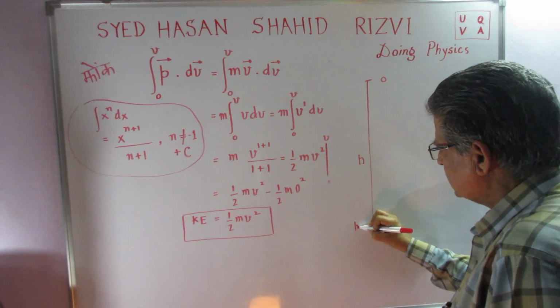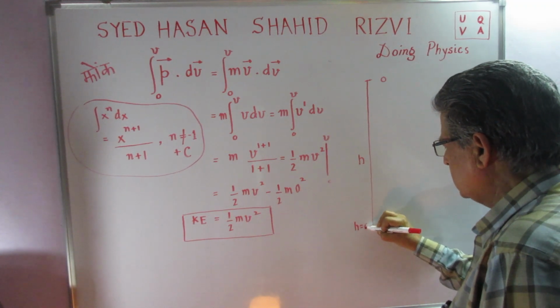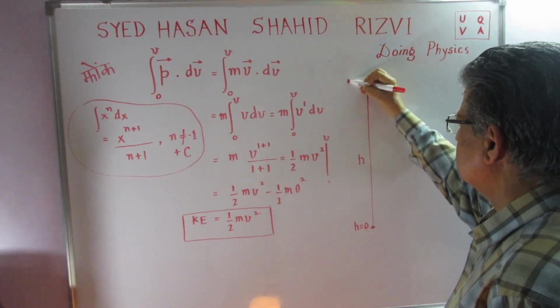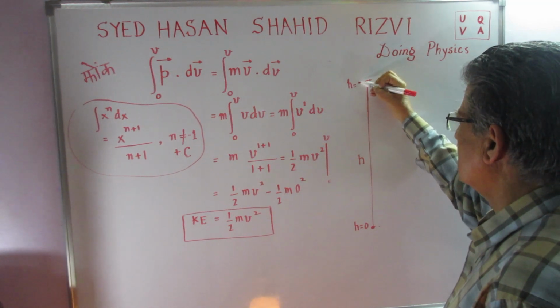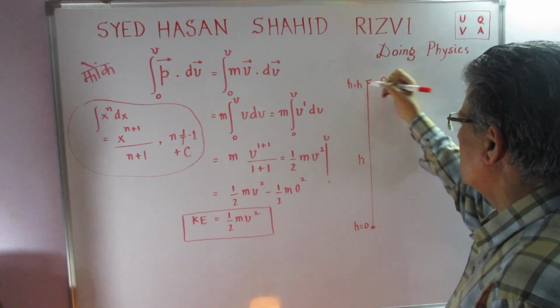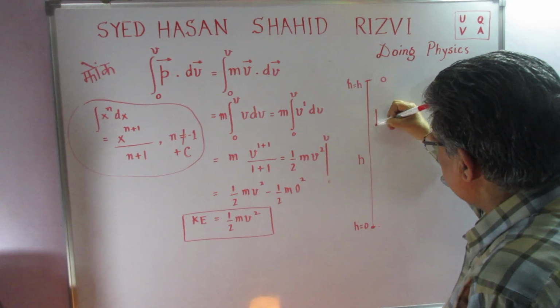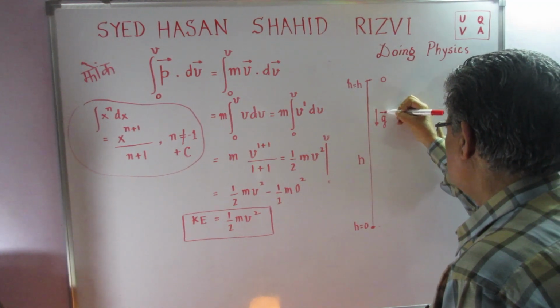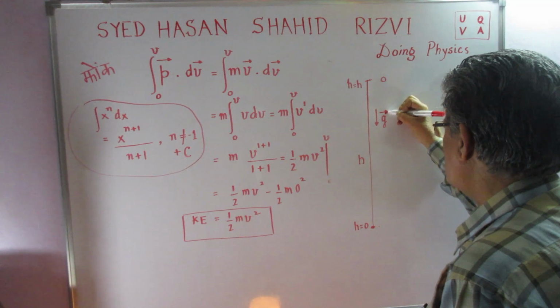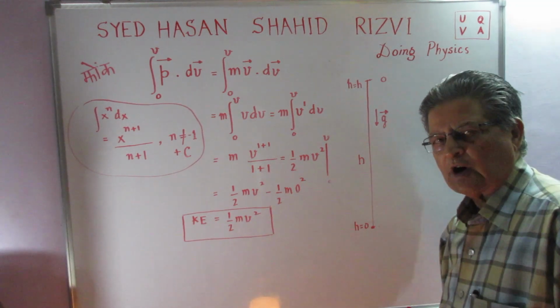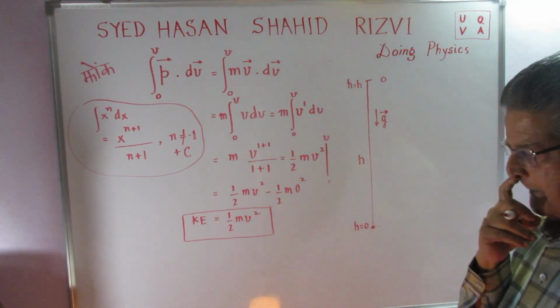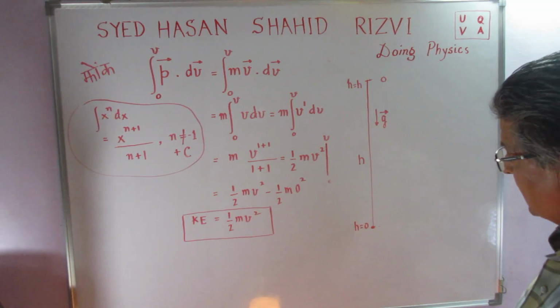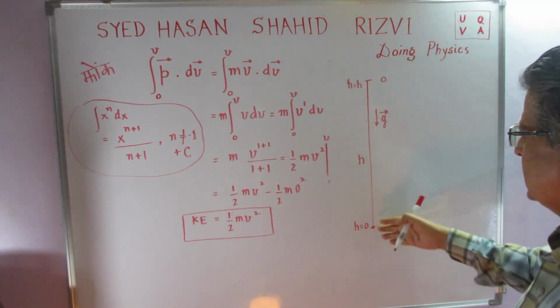I said that this is h equal to 0, and this is h equal to h. The acceleration is like this, small g towards the center of the earth. So this motion is taking place in the earth's gravitational field.